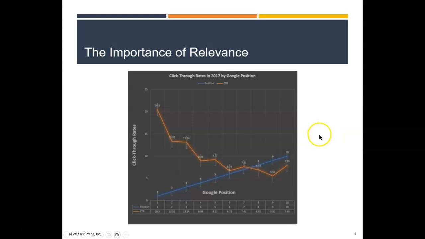This is just a graph showing click-through rates in 2017 by Google position. Through Google Analytics, they can show you the different statistics, either graphically or if you just want the numbers themselves, and they can give you reports that you can use in your meetings with your leadership or your executive board to see just how well your marketing campaigns are doing.